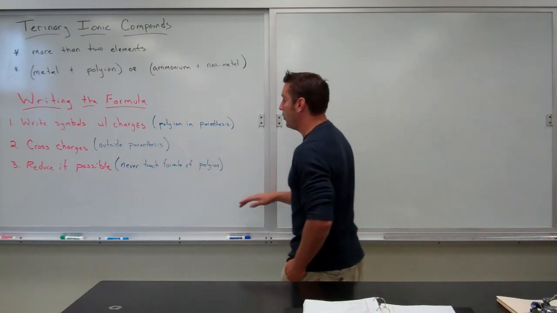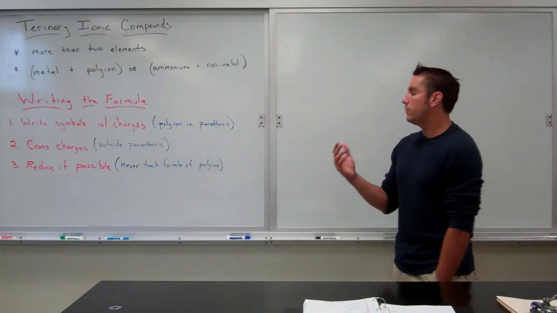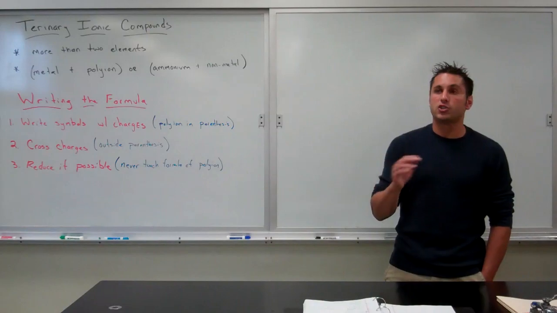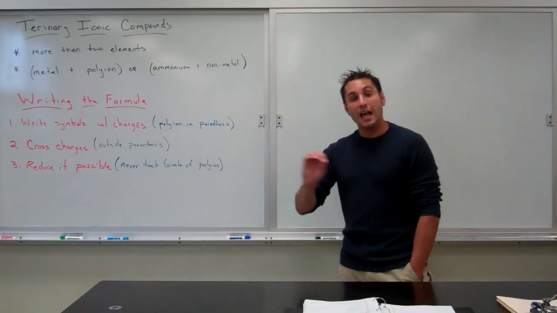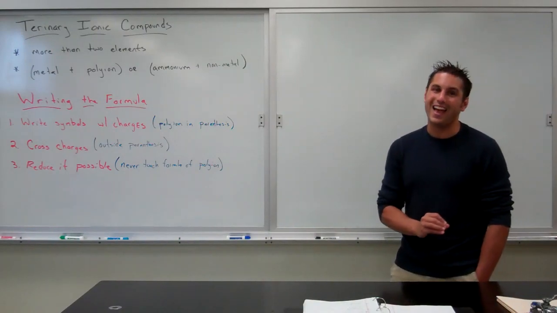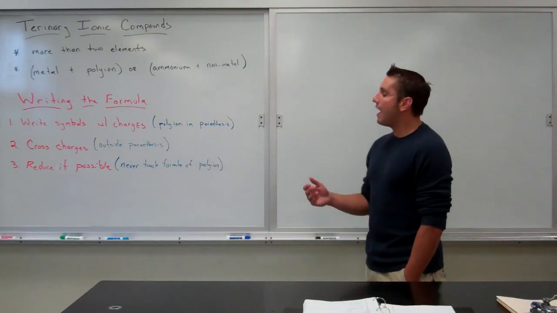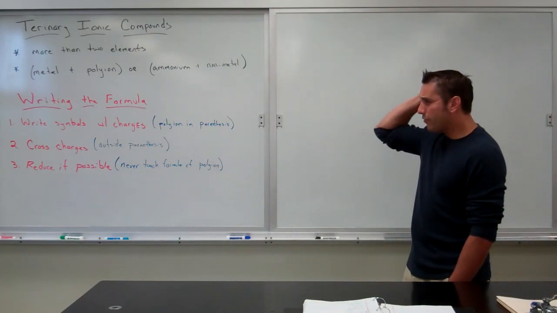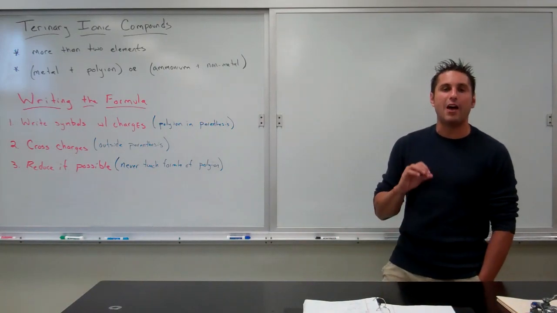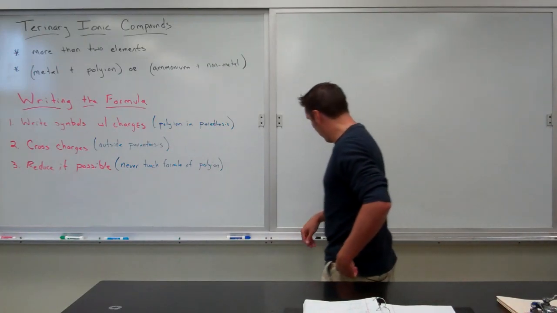But the big thing I always want you to remember is you can never change the subscripts on a polyion. For instance, you will never want to reduce SO4 to say SO2 because SO4 is sulfate. If we change SO4 to something else, it is no longer sulfate. So you have to realize that whenever you are trying to reduce, you only reduce things that get crossed down outside of the parentheses. So let's take a look at a couple examples.